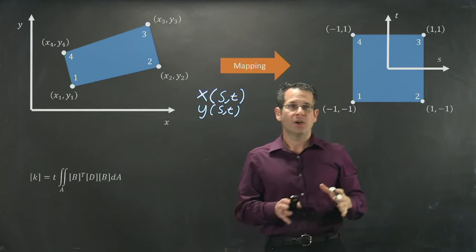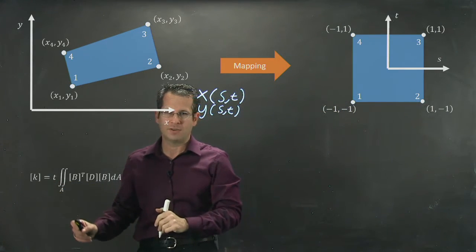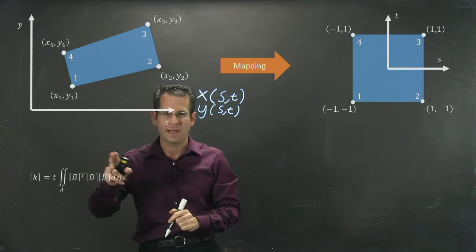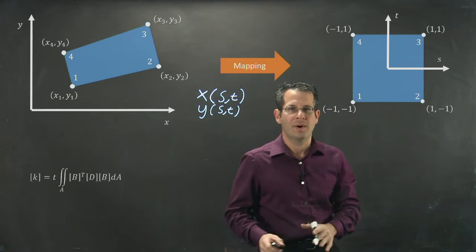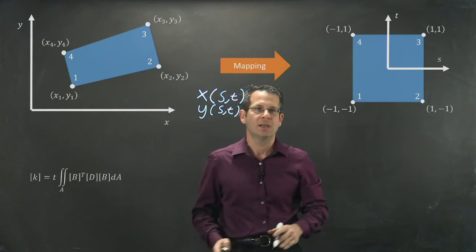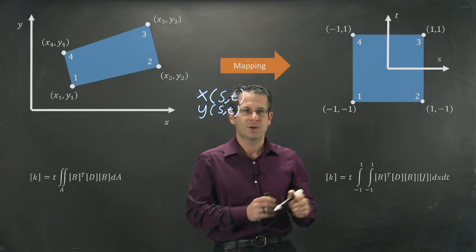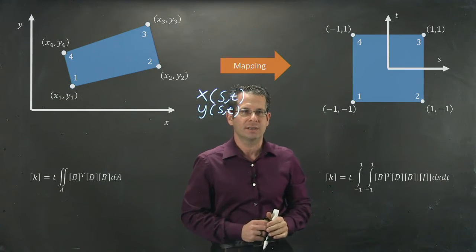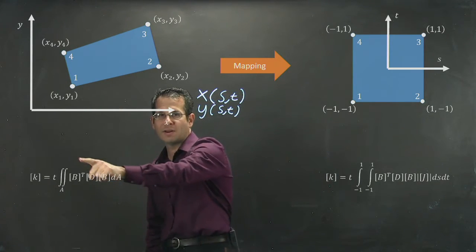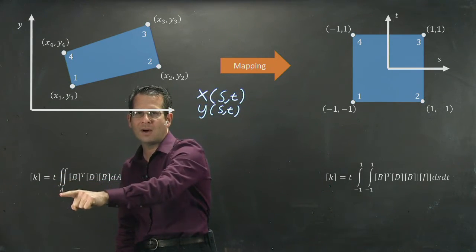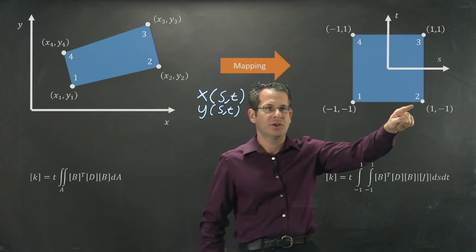It will turn out that our stiffness matrix K, which we wrote like this in xy space, we can also come up with the same K matrix using a similar formulation in st space. So I can get the same K matrix, but now instead of integrating over dx and dy and having to figure out what my bounds of integration are in terms of x and y, I'm now on a standard square.